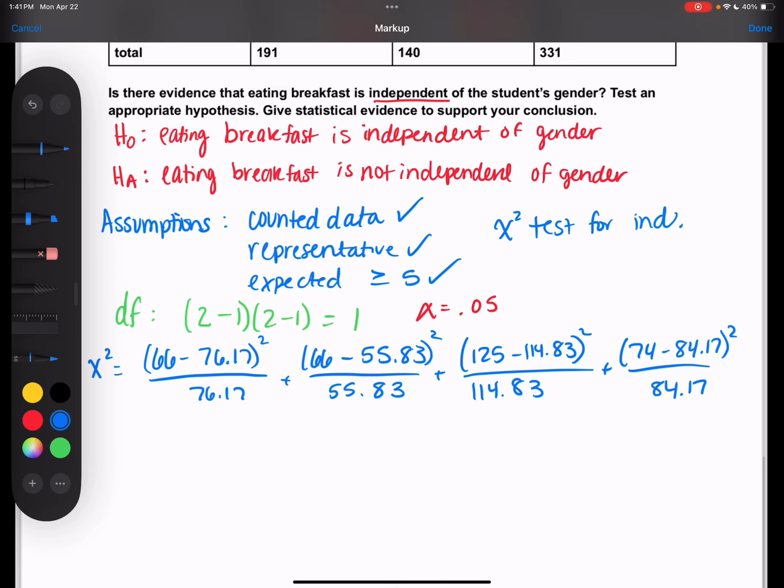You're talking about the chi-square test? What would we want to round to? Probably 2 or 3 decimal places.